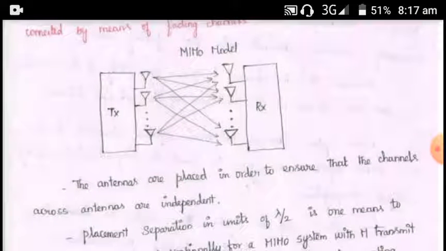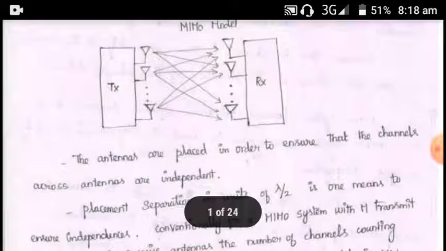The antennas are placed in order to ensure that the channels across the antennas are independent. So based on that property, the antennas are placed in this system. The separation between two antenna elements is in units of lambda by 2.